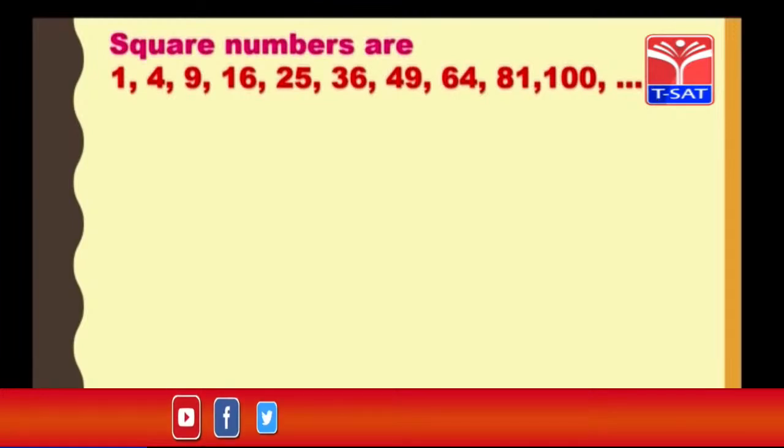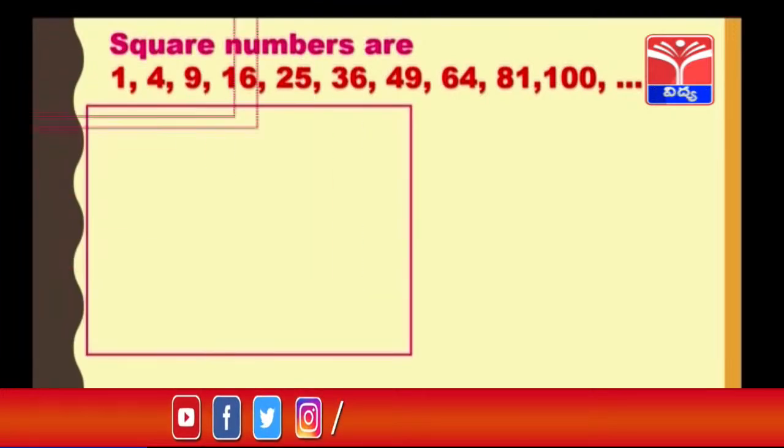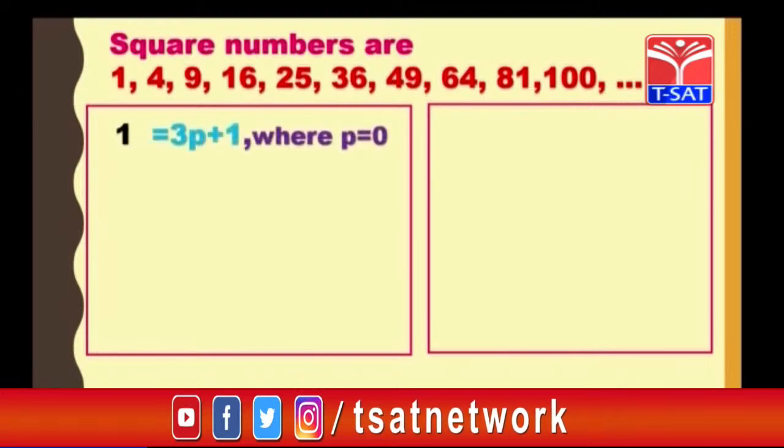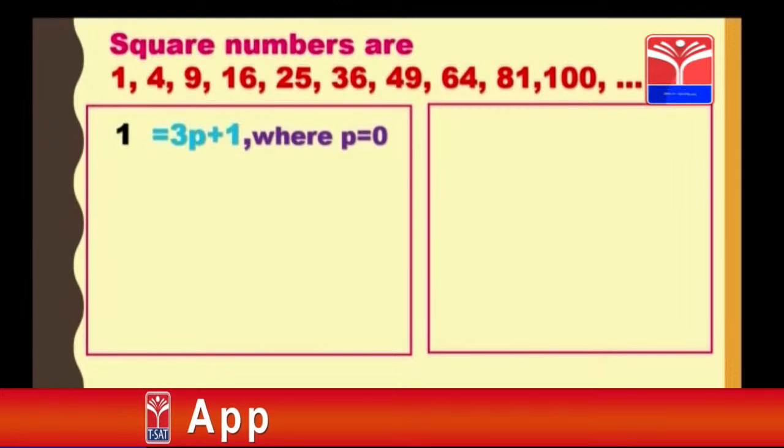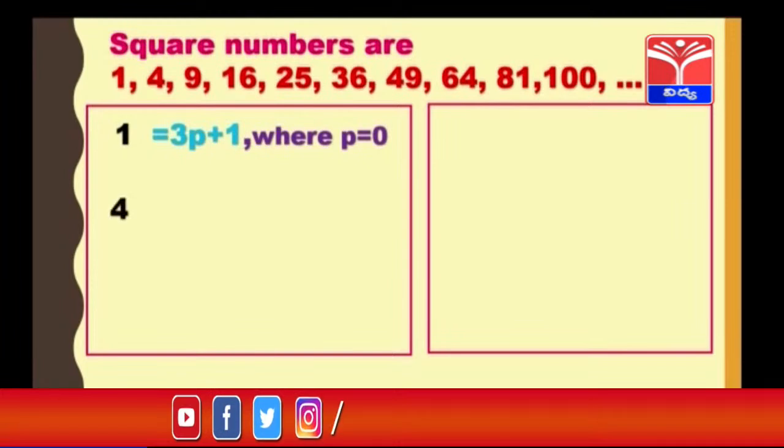We can take any square numbers here. 1 I can write as 3p plus 1, where p is equal to 0. That means if I substitute p is equal to 0, it becomes 3 into 0 plus 1. So I can write 1 is equal to 3p plus 1, where p is equal to 0.